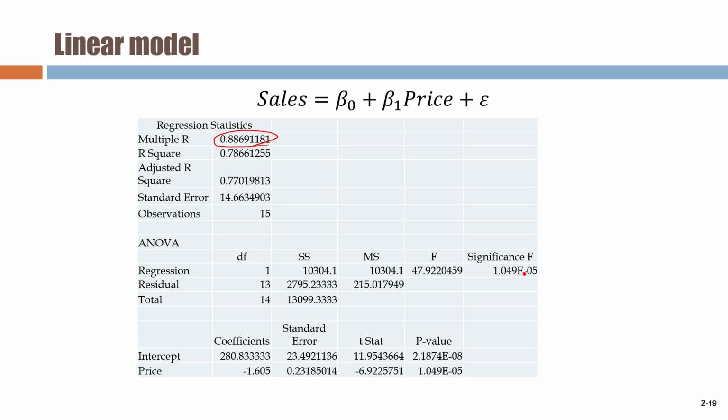Of course, the F significance is way smaller than 0.05, so we can tell this model obviously tells us something meaningful. And the coefficient p-value is already pretty small, so price has a significant effect on the sales.